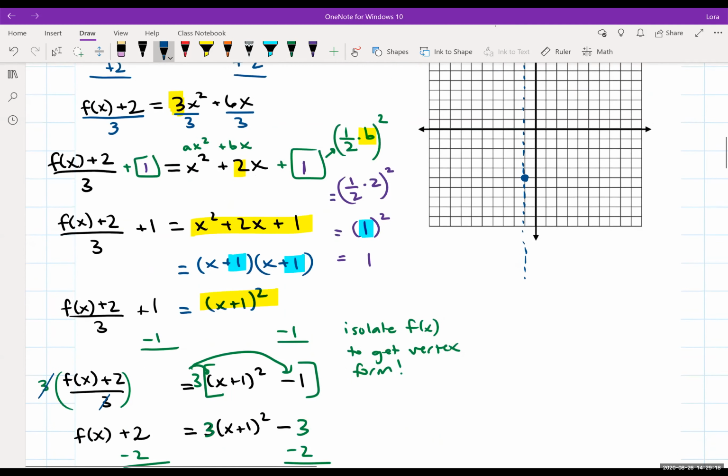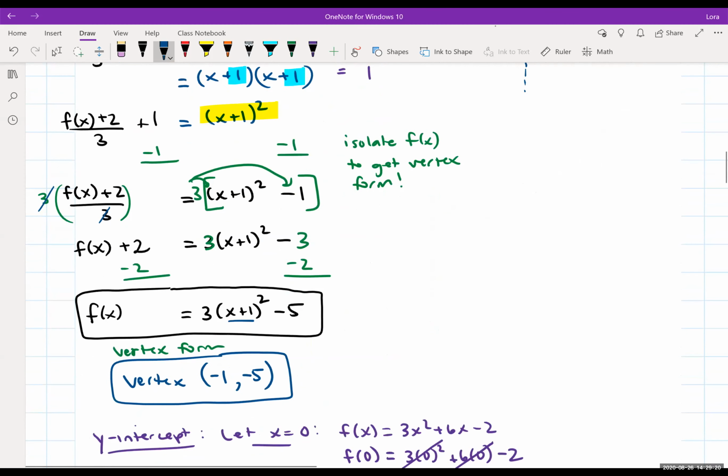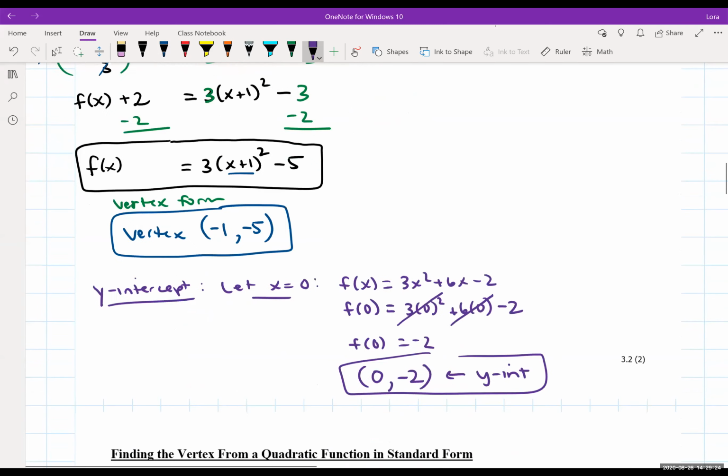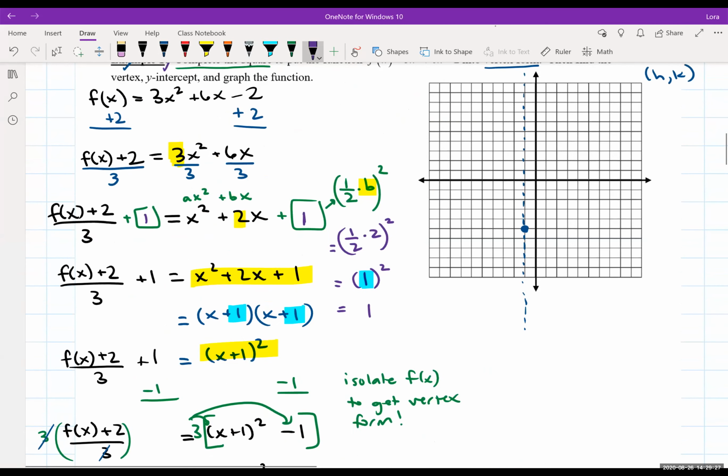So I'm going to use the y-intercept because that's kind of nice. We already took time to figure that out. So it's 0, -2. Right here. And by means of using the axis of symmetry, you can now find the symmetric point on the other side. So that's the cool part.